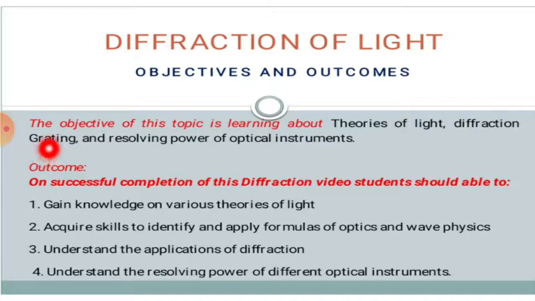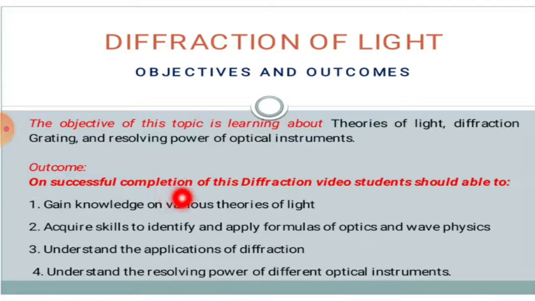Let's see. The objective of diffraction of light is learning about theories of light, the diffraction grating, and the resolving power of optical instruments. Now let's see outcomes of diffraction of light.